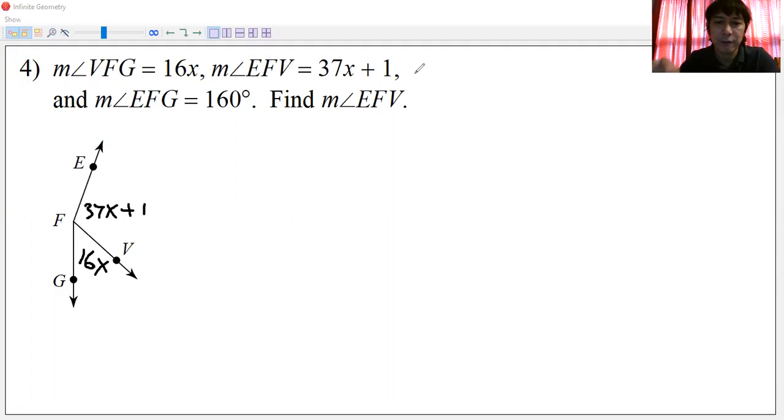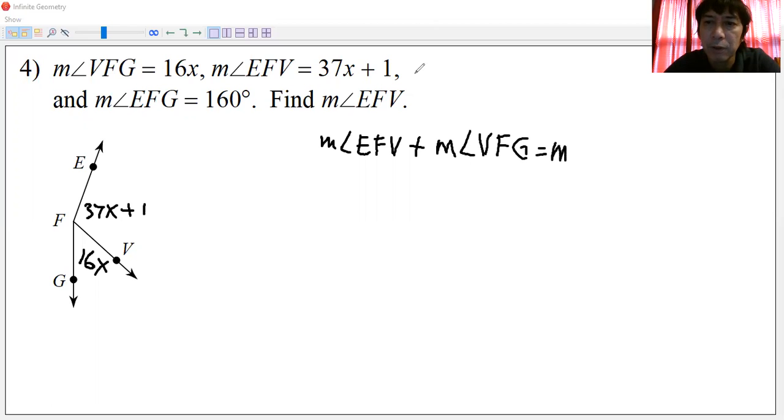EFV. All right. Let's have the equation first. Okay. We shall start with EFV. The measure of EFV plus the measure of the smaller angle VFG, and this is equal to the measure of the angle that's supposed to be the total, EFG.